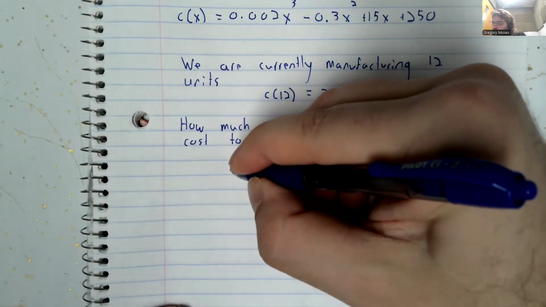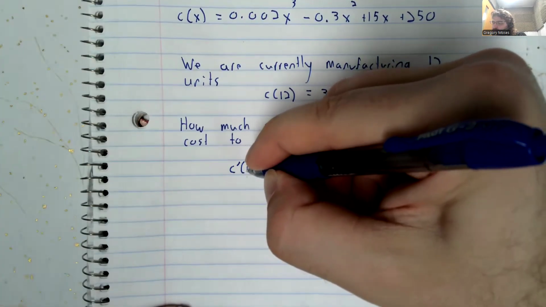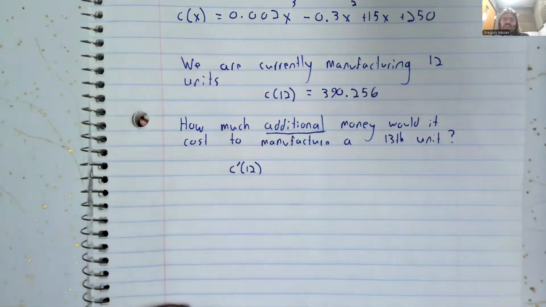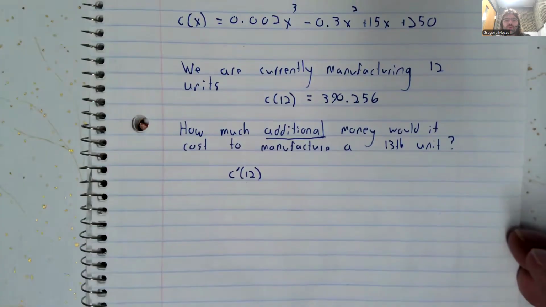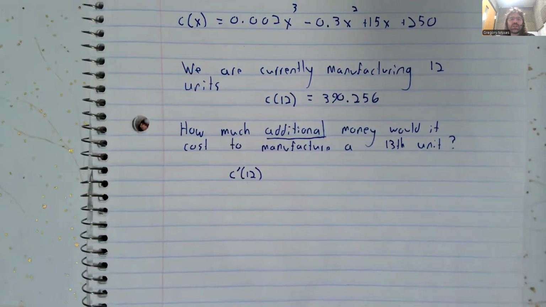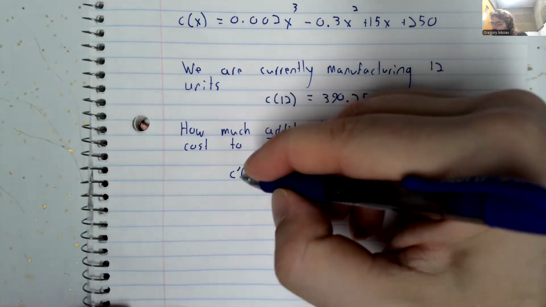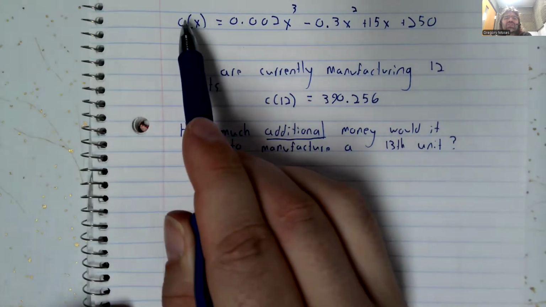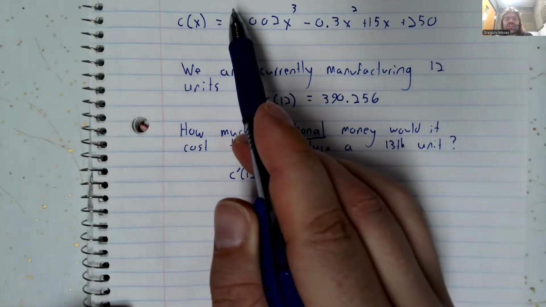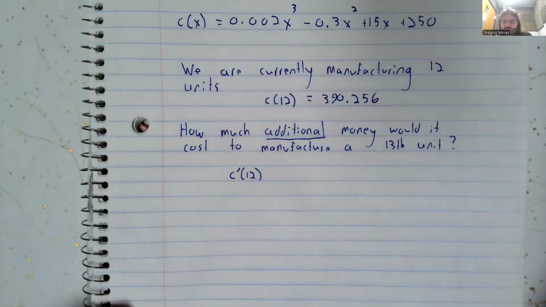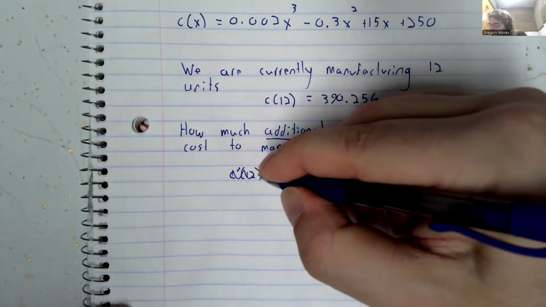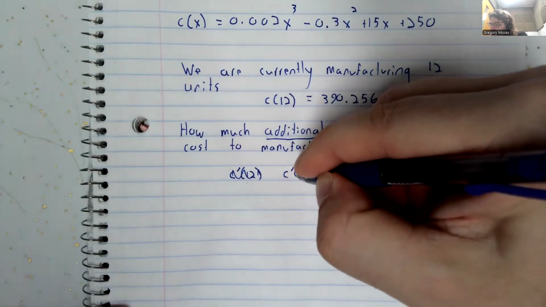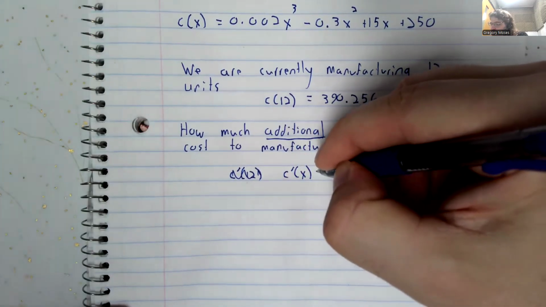This is approximately C prime of 12. To find C prime of 12, we have to find C prime of x first and then plug 12 in. So C prime of x.